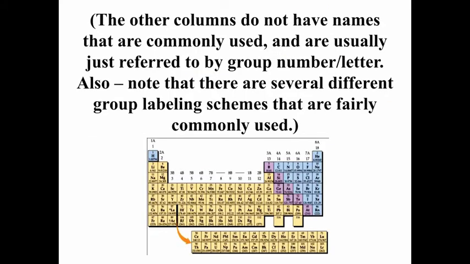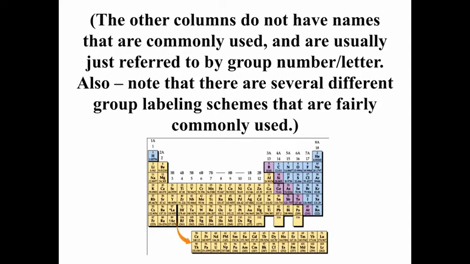Now the other columns generally don't have names that are commonly used, so they're usually just referred to by their group number and or letter. There are a couple of names that are somewhat used, not that commonly, and that might be an interesting little bonus thing to look up and see if you come across any other names of chemical groups.